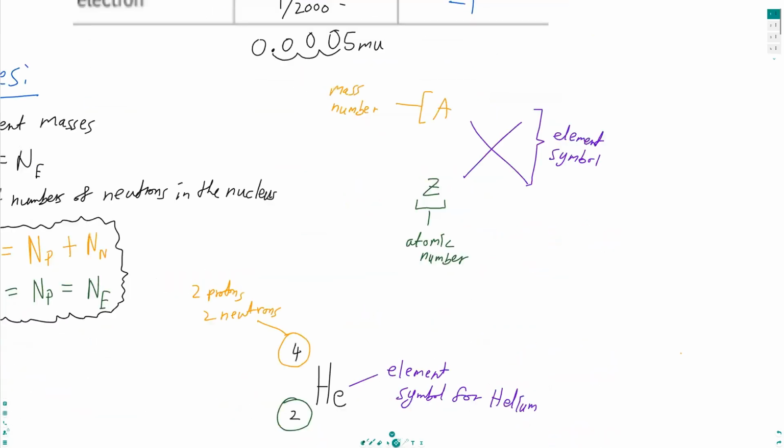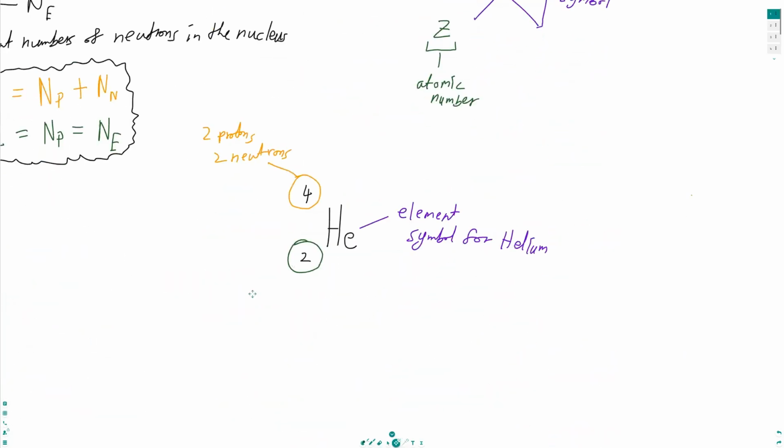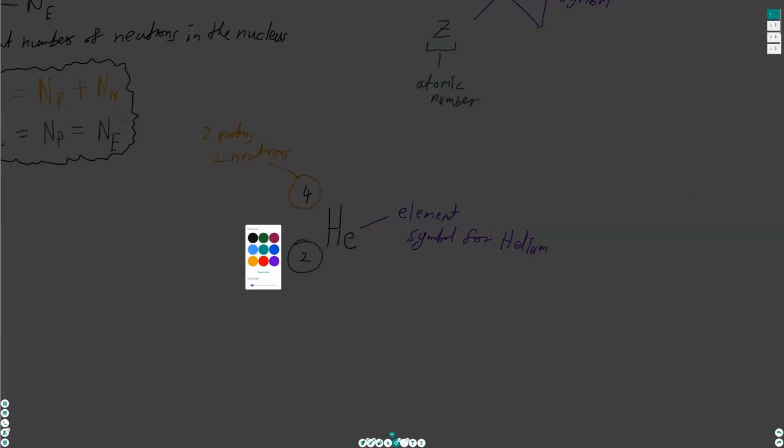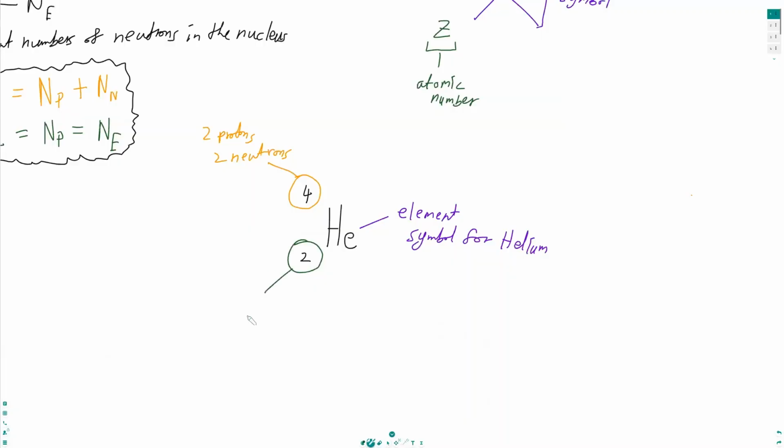So this atomic number tells us that we have 2 protons and 2 electrons. And then this here is the chemical symbol.